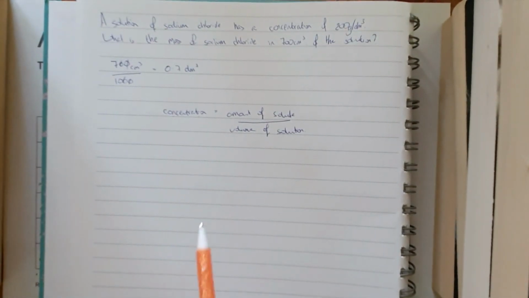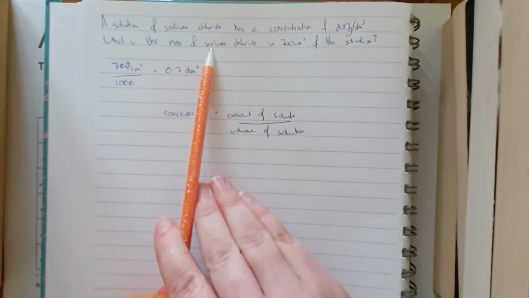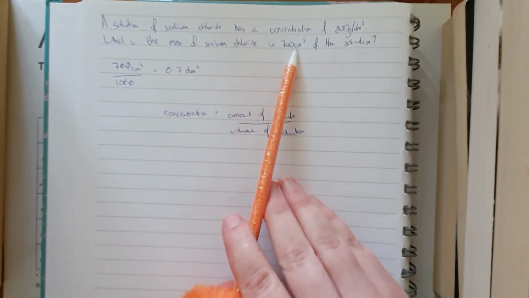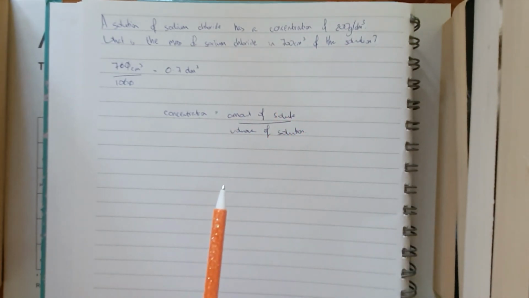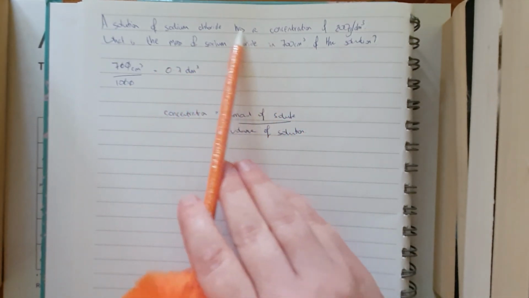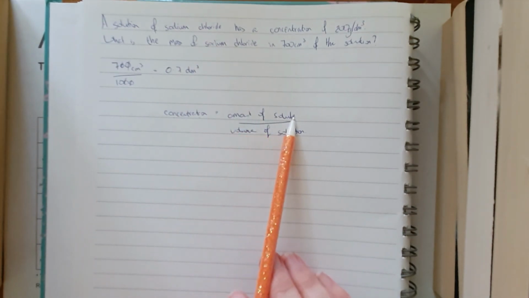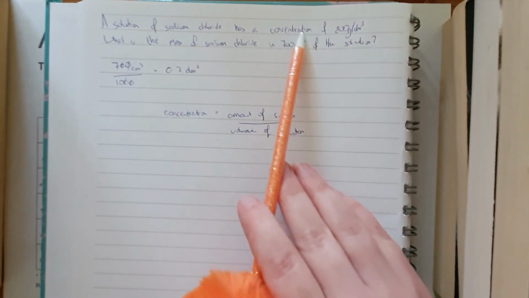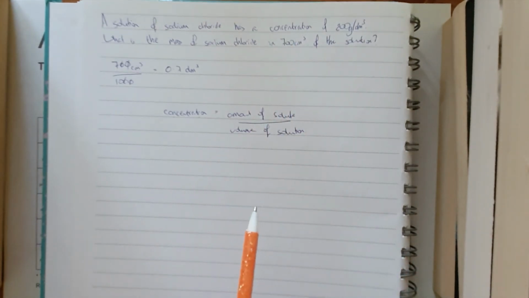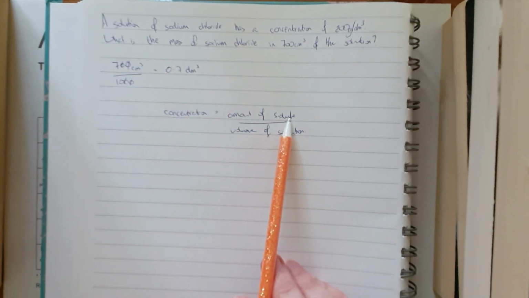What does this question ask us to do? It says, what is the mass of the sodium chloride in 700 centimeters cubed of the solution? So we want to find out the mass of the sodium chloride. Is that the amount of the solute or the volume of the solution? Well, this is a volume, so it can't be that. So it must be the amount of the solute.